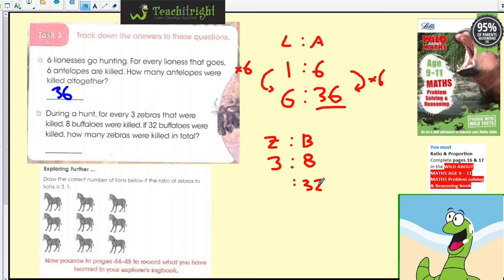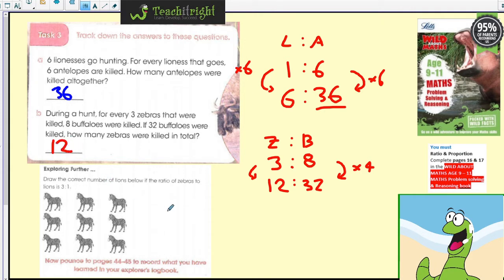Well, same question. I want to work out how many times larger this is. 32 divided by 8 gives me 4, which means I now know that 8 times 4 is 32. I can do the same thing here, and that gives me 12. And so I can fill in 12 zebras were killed in total.